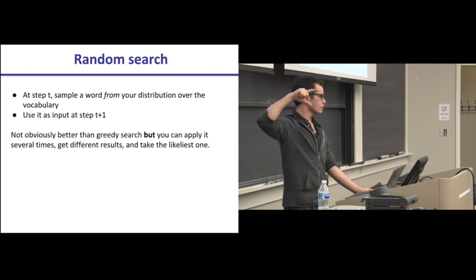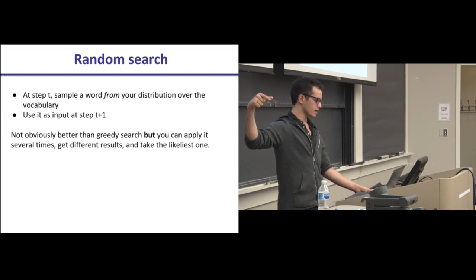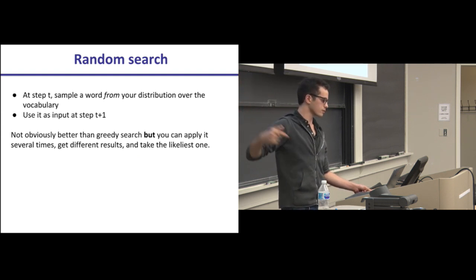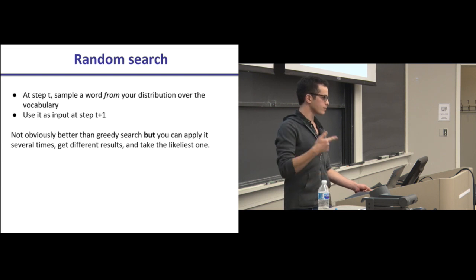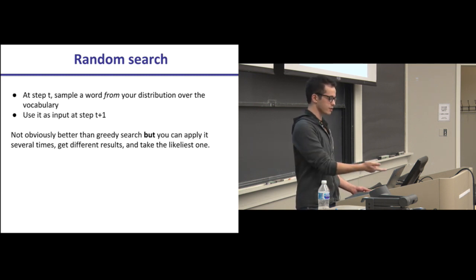If you just softmax it, you get a probability distribution, and then you can sample from it. So you get a word with the same probability as its output. Like greedy search, the words with the highest probability are the likeliest to be sampled, but they're not the only ones. You've got some randomness here.